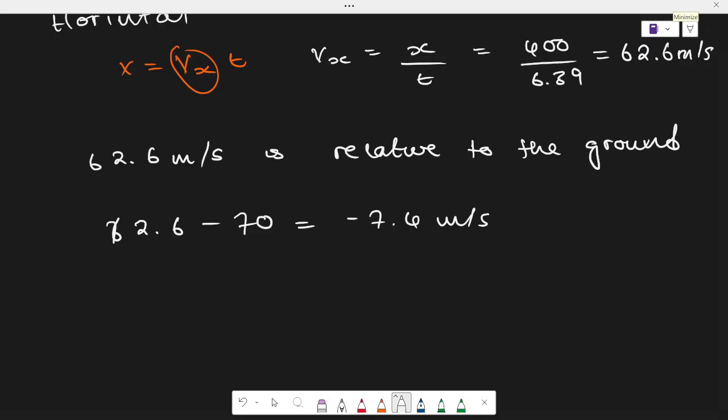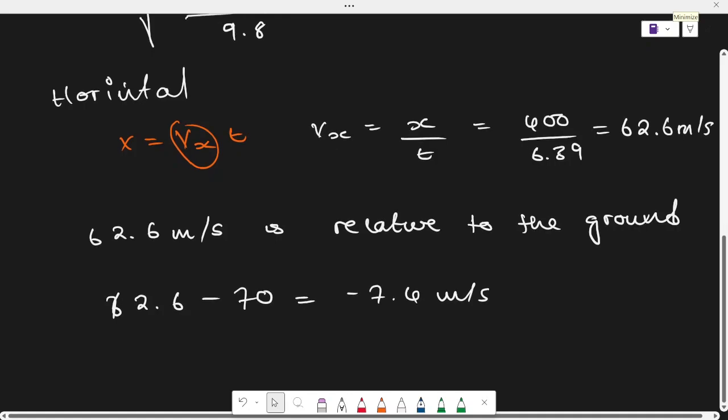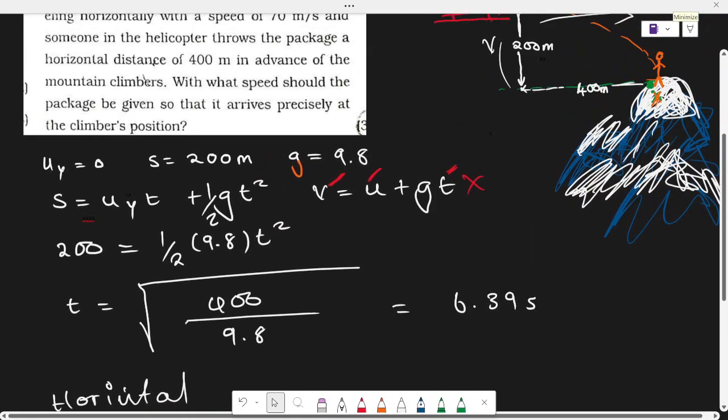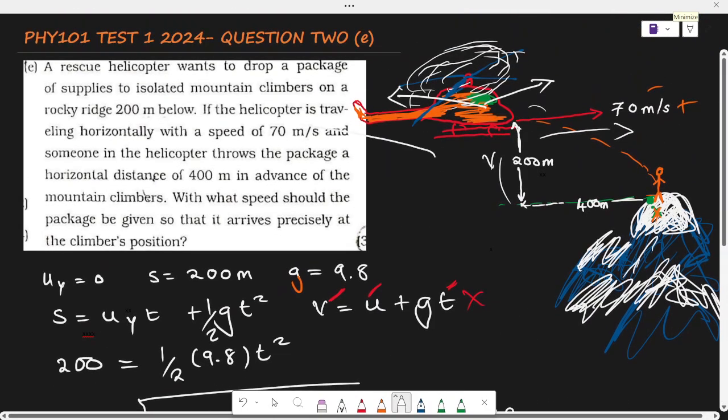But what this negative just indicates is that this guy is throwing this package backwards instead of forward.